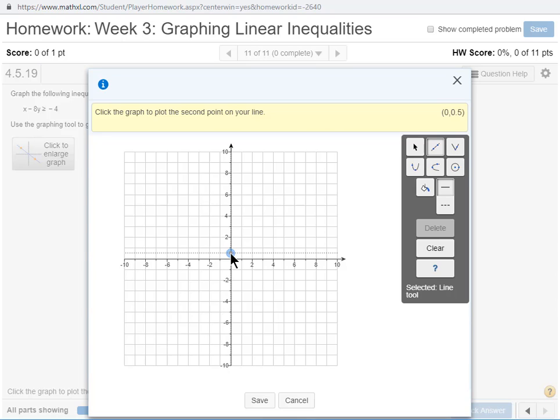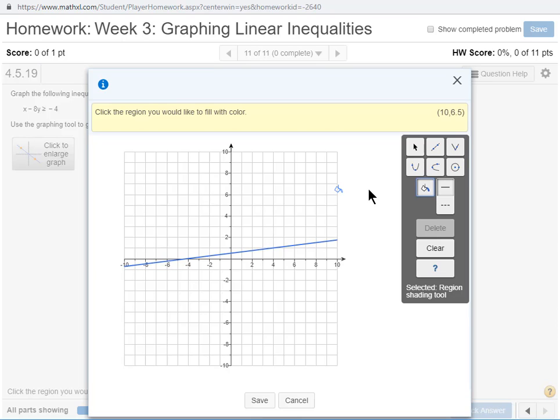They're both positive, so it means up 1 and over 8. You deal with your y's first and then your x's. Both directions I went in positive. So there's my line. And now I look at being able to fill in.